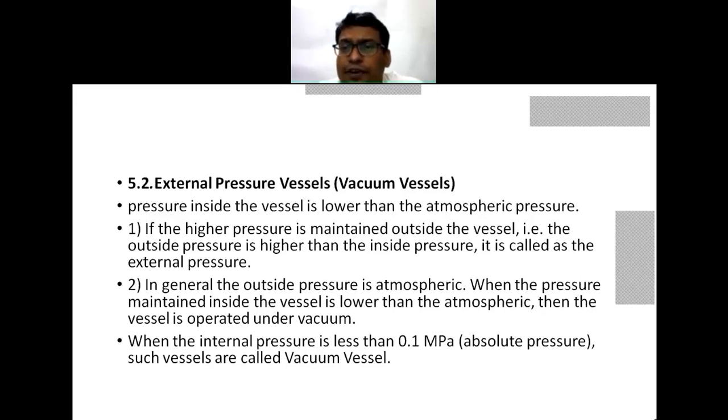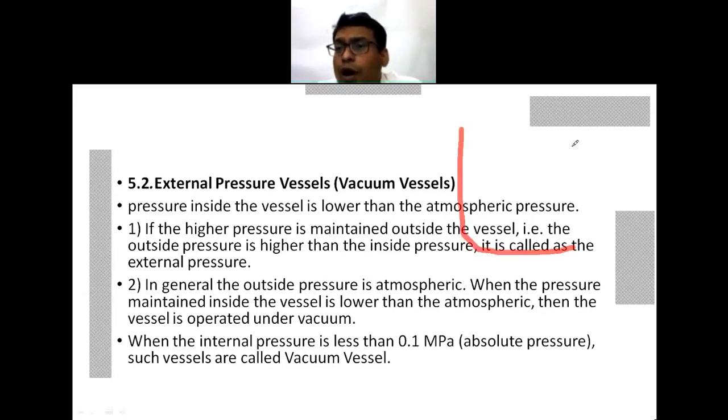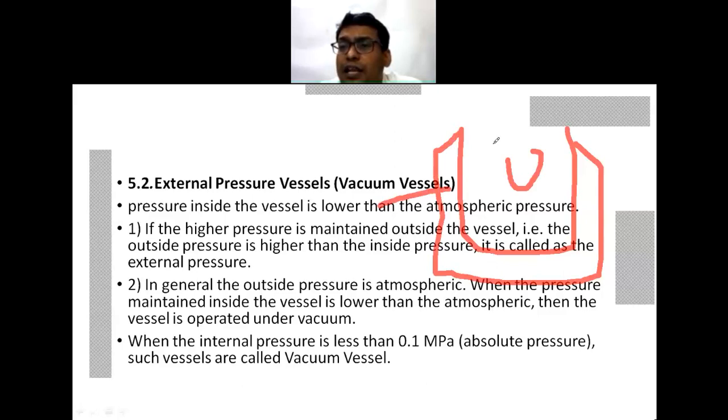For example, if I have a reactor and a jacket is provided to this reactor, this is the case where the jacket pressure is higher, this pressure is more, and this pressure is less.